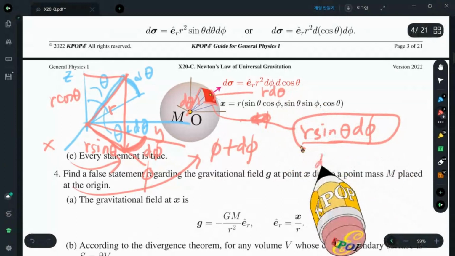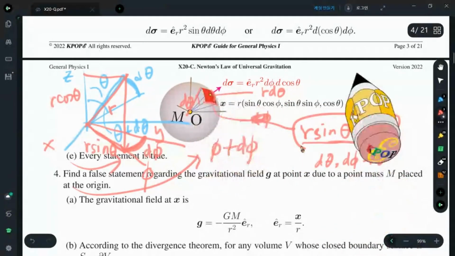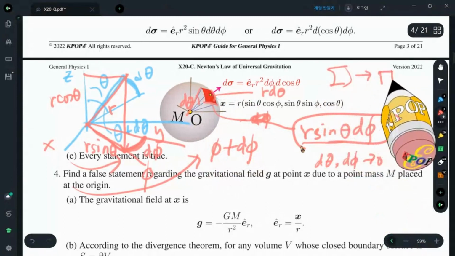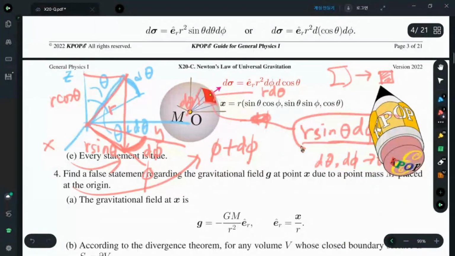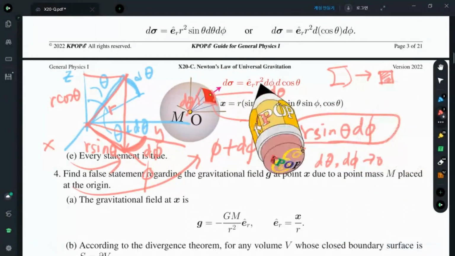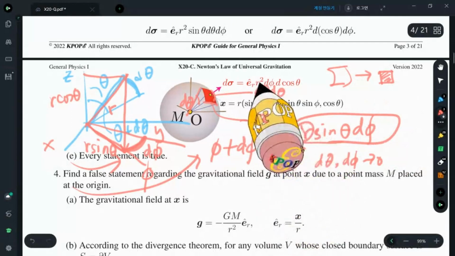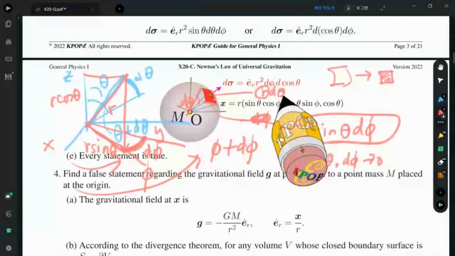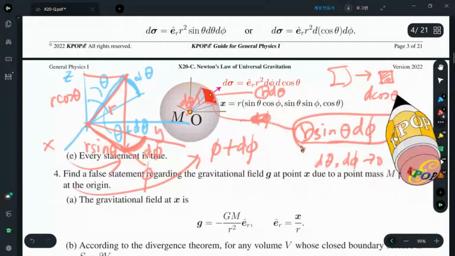In the limit as d theta and d phi go to 0, this patch becomes flat, and it is a rectangle. And the area of the rectangle is r squared sine theta d theta d phi, or d cosine theta.